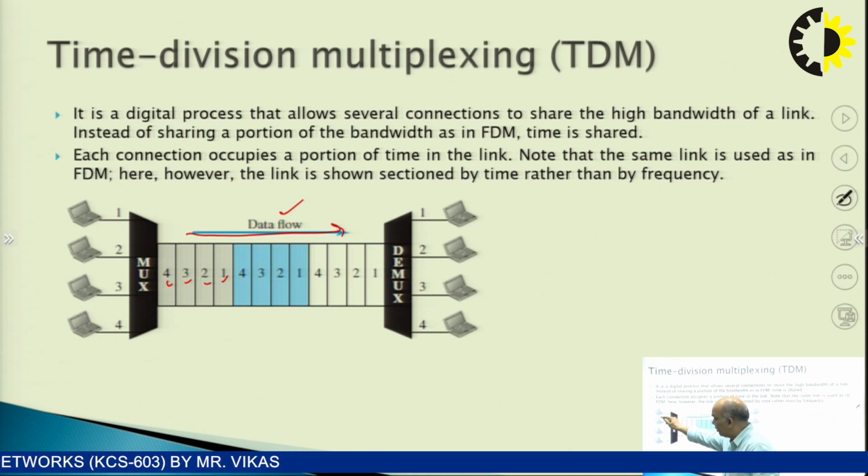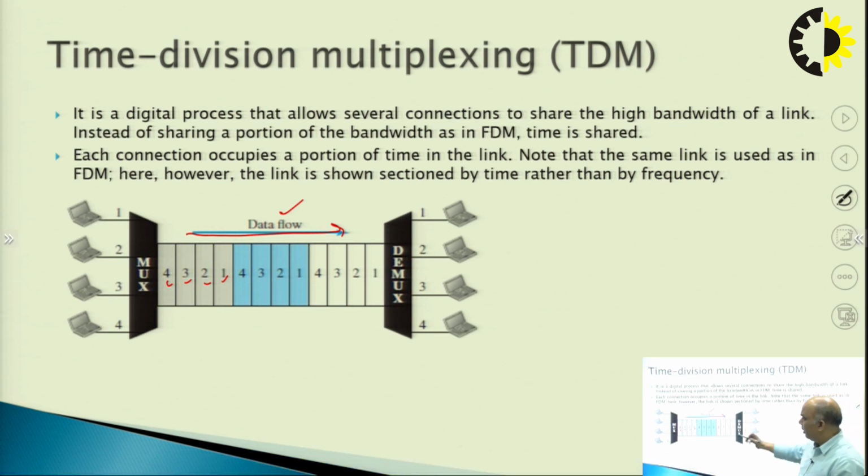Users choose one of the time slots and send the data over that time slot. Once it reaches the demultiplexer, it is demultiplexed using the same method I discussed initially, and sent to the end users at the receiver end.